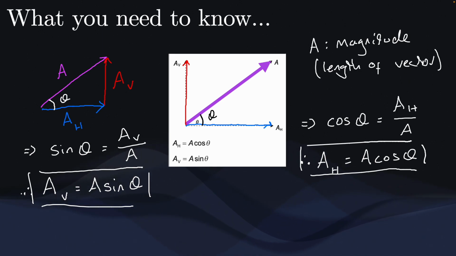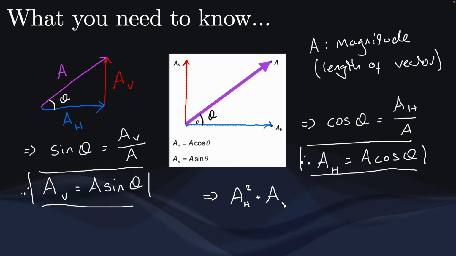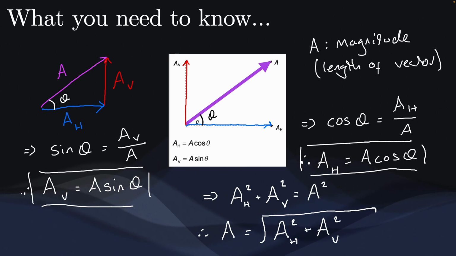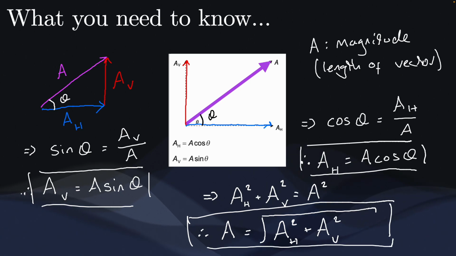So, therefore, if we know that AH squared plus AV squared is equal to A squared, therefore, we can just say A is equal to the square root of AH squared plus AV squared. And that's super simple. Just basic trigonometry.